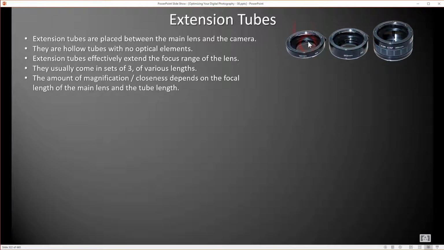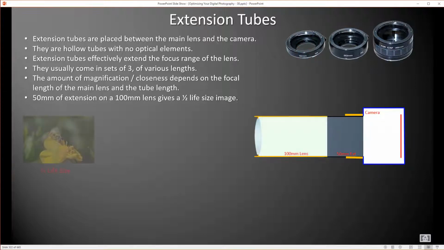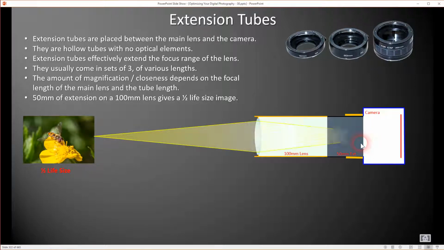Wider angle lenses produce a greater magnification effect. So 50mm of extension on a 100mm lens gives it a half life-size image. So there's our 100mm lens. We've added 50mm of extension, so that allows this combination to focus to half life-size.